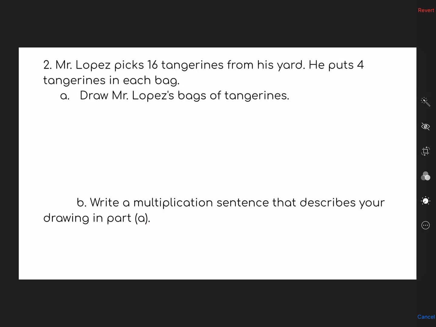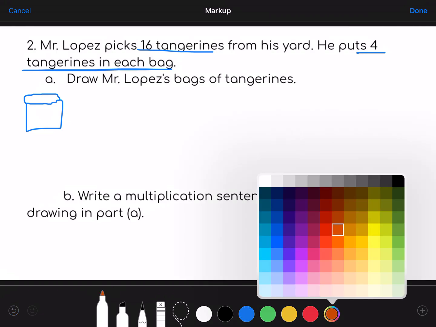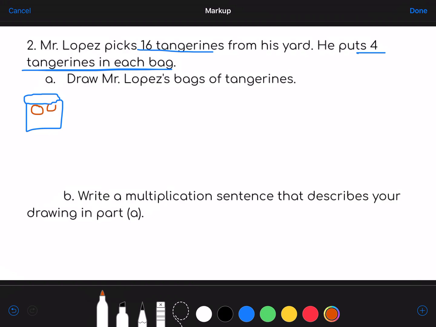All right, Mr. Lopez picks 16 tangerines from his yard. He puts 4 tangerines in a bag, in each bag. Draw Mr. Lopez's bags of tangerines. So, one way to draw it is to draw a bag, right? And then I have 16 tangerines, 4 in each bag. So I can stop right there and draw 1, 2, 3, 4 tangerines.